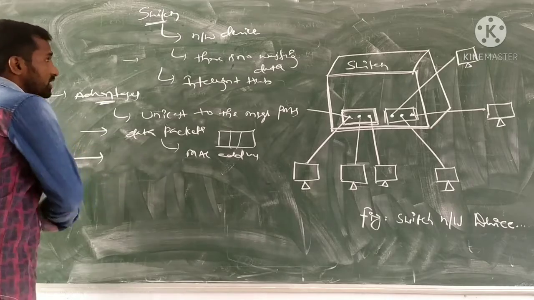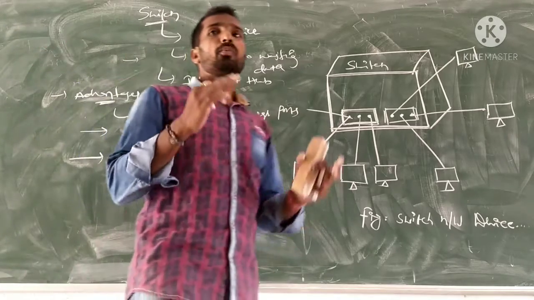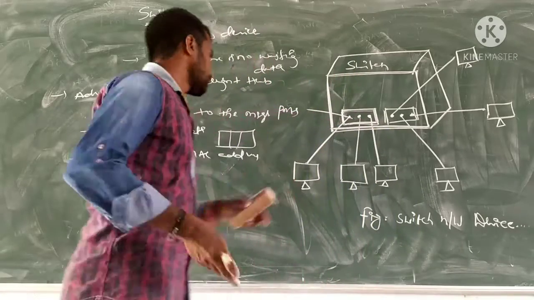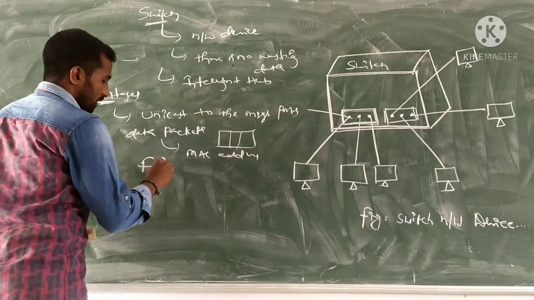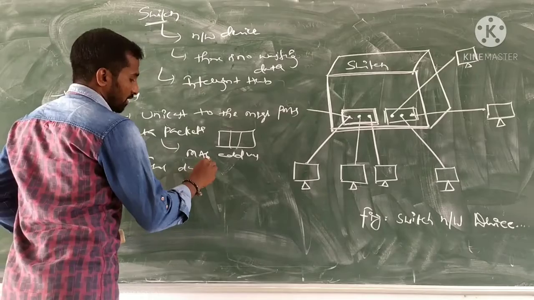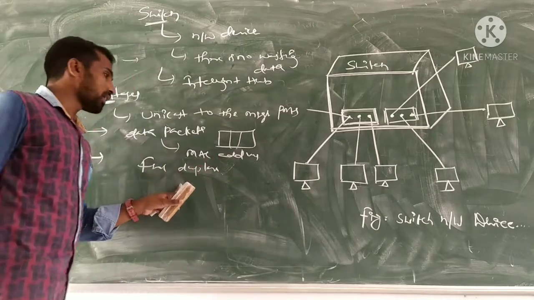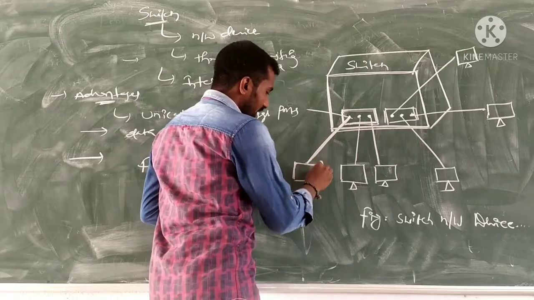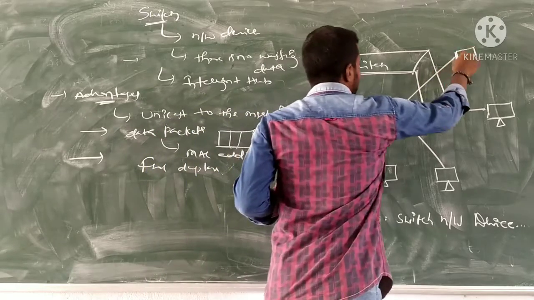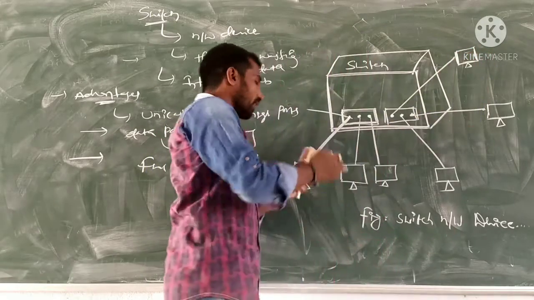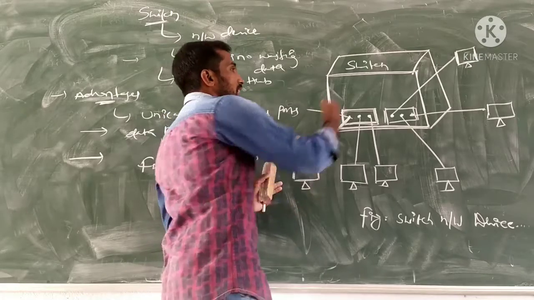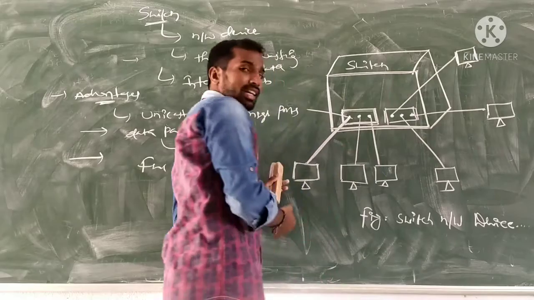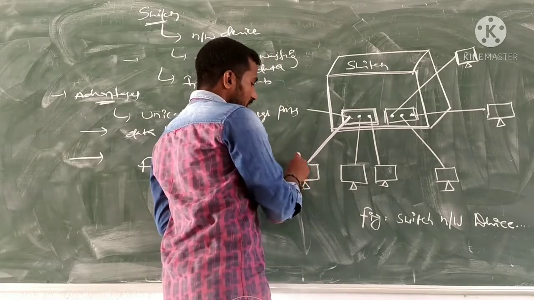And this switch can also support full duplex data transmission. But what is meant by full duplex here? Full duplex means that one system is connected and one port should be connected to another system. When the system sends data to the other system, at the same time the other system also sends data packets to the same sender.